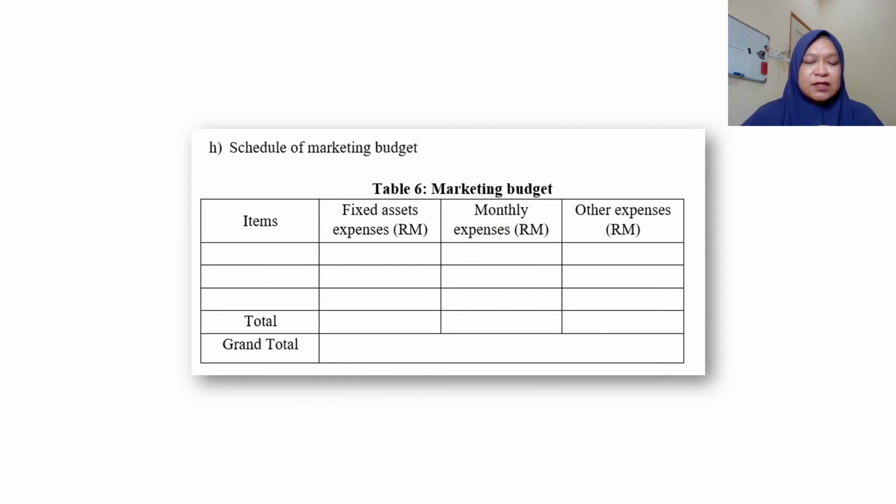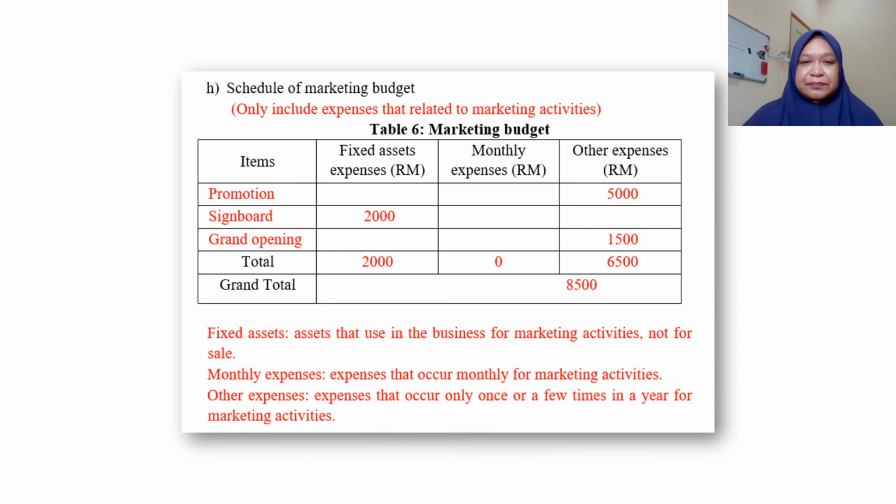The last one is the schedule of marketing budget. You have the Table 6 marketing budget. You draw this table exactly like this, with four columns. In this marketing budget table, you only include expenses related to marketing activities, for example promotion, signboard, grand opening.